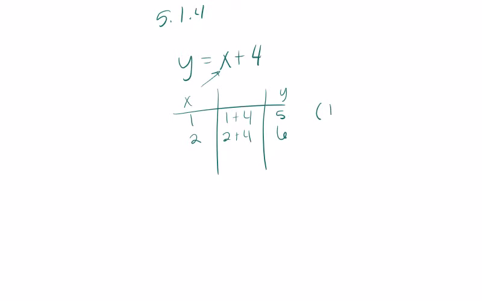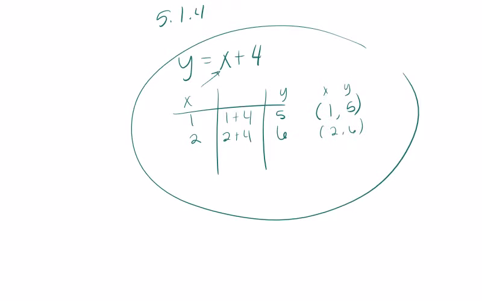Now, eventually that would mean that I would have an ordered pair (1, 5) or (2, 6). Remember, ordered pairs are an x and a y. And I could graph those points, and I could connect them, and I can make a line. This is algebra. This is what you're headed into for algebra: this basic idea, functions, where I have an input, I do something to it, I have an output, I have an ordered pair.